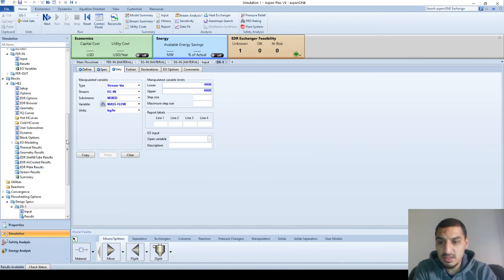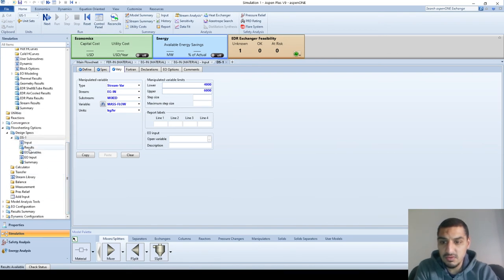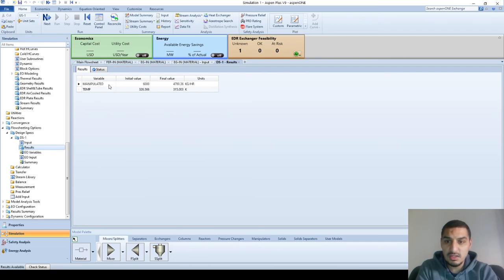and it's now solved. We can see here from the results that the manipulated variable started at 6,000 and the temperature was 326, and it changed it to 4,780, and the result is 315. So now it's using this value to operate the heat exchanger.